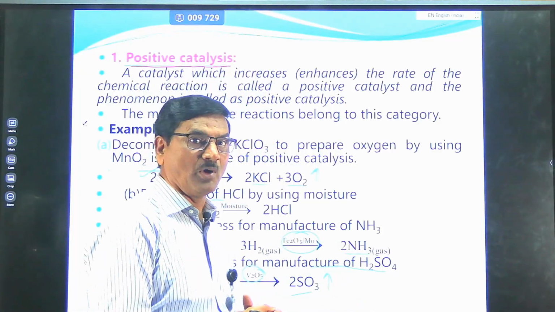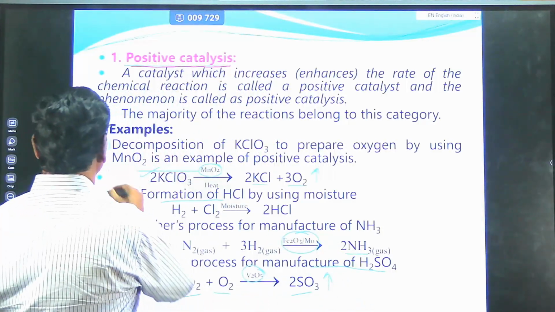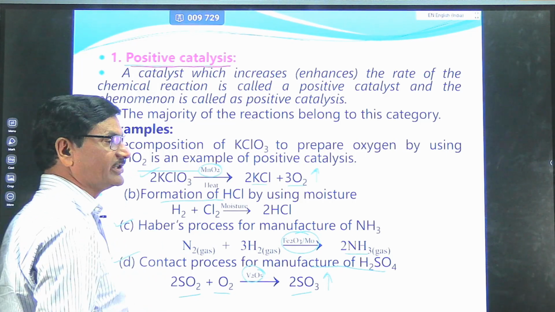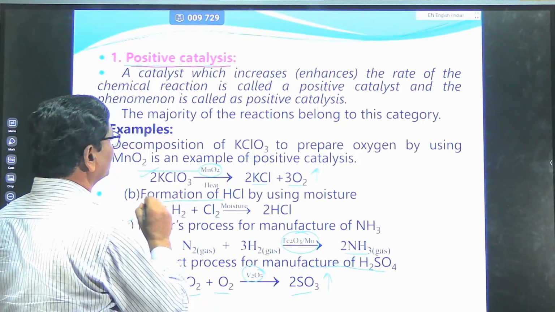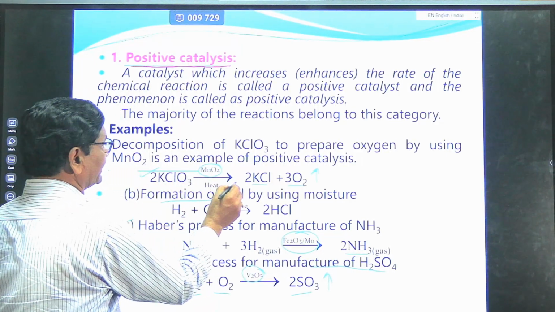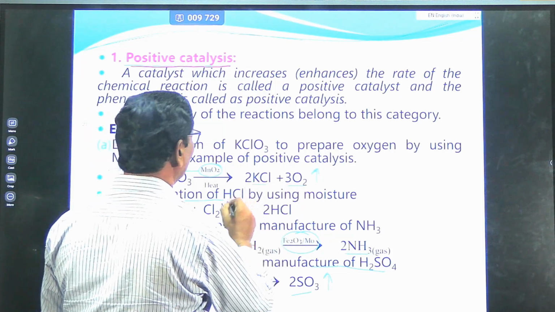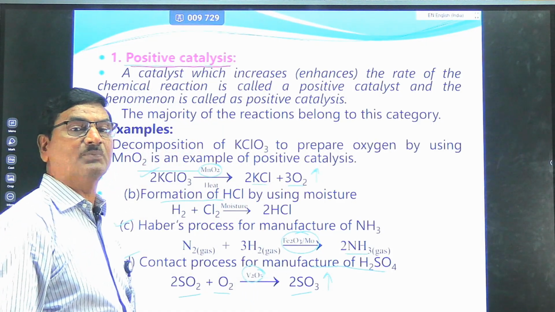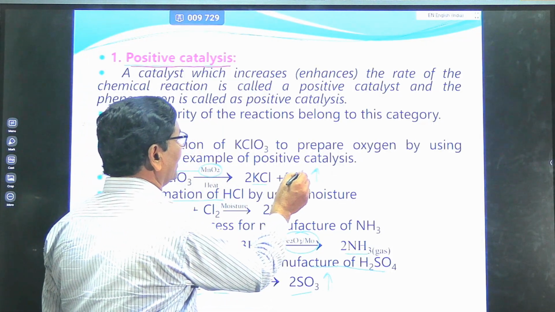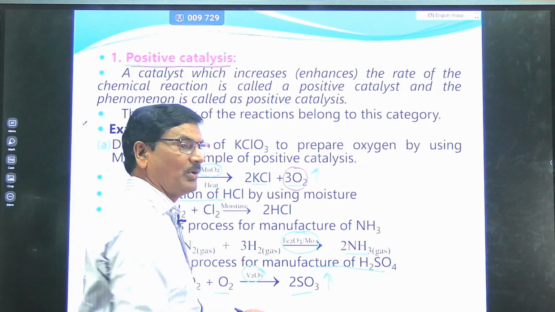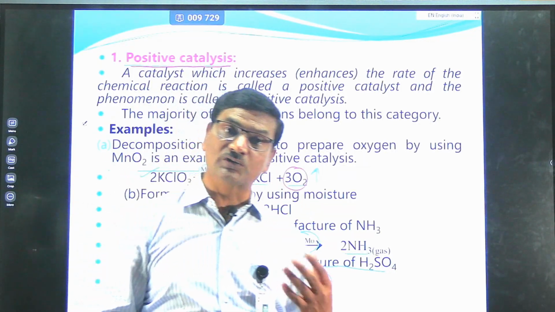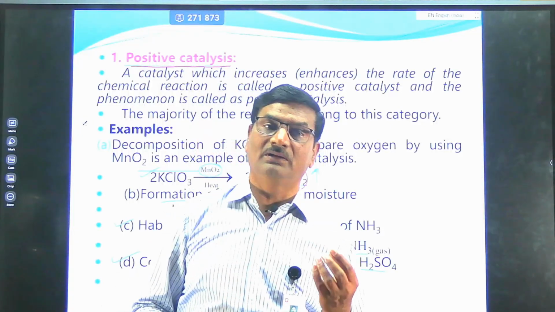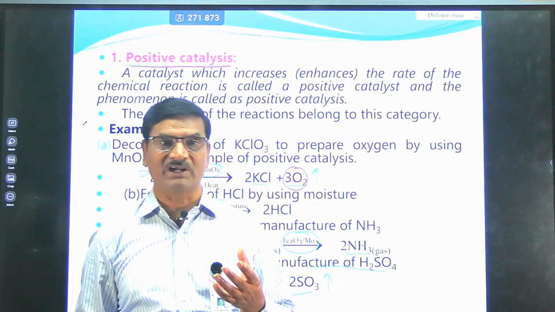For example, the manufacturing of oxygen from KClO3, giving rise to KCl and O2 in presence of MnO2 as a positive catalyst. This oxygen can be utilized for different purposes, in hospitals also, whatever the requirement for the patient.